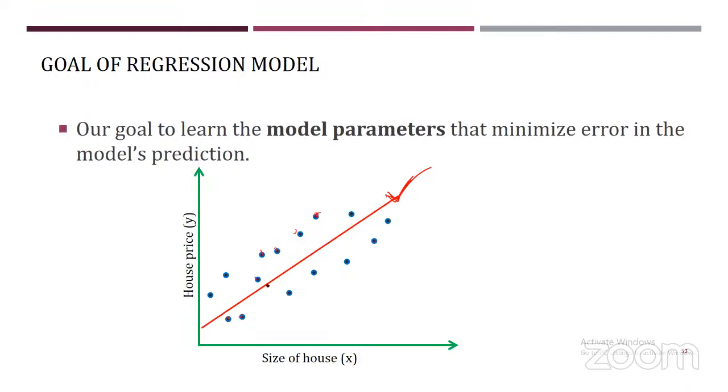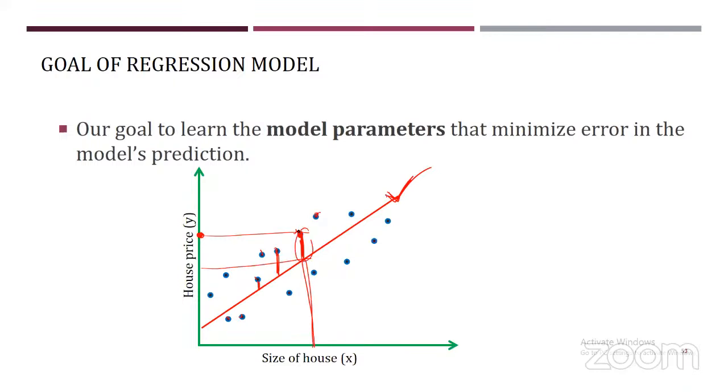Right. So that means the gap which you have should be less. And why is it the case? Because this gap is basically nothing but your error. According to your data, if the size of my house is this one, then the price should be this. But according to your model, if the size of your house is this one, then the price should be this.